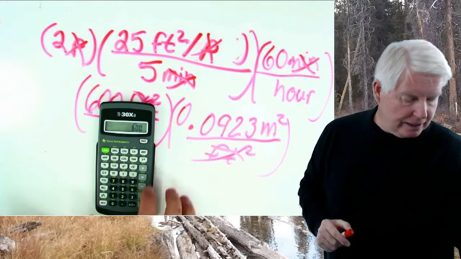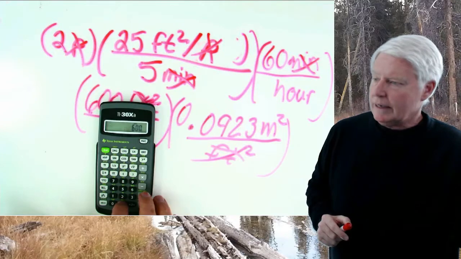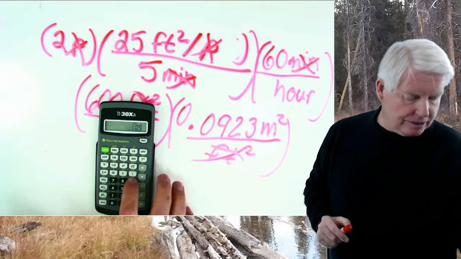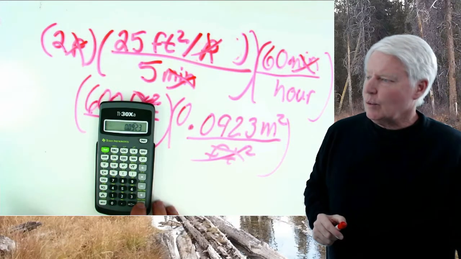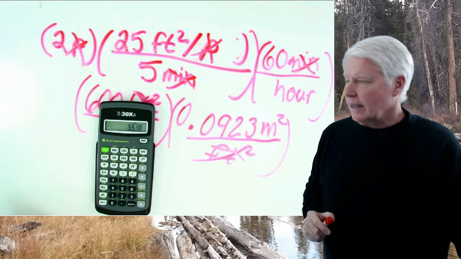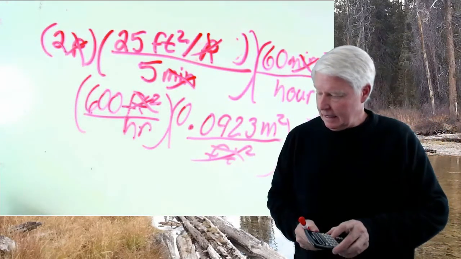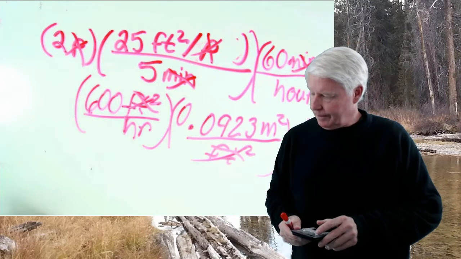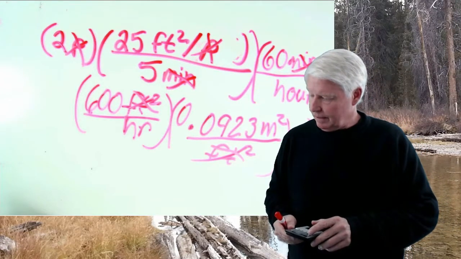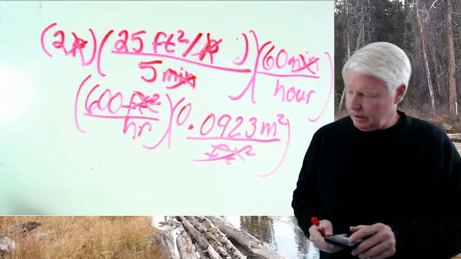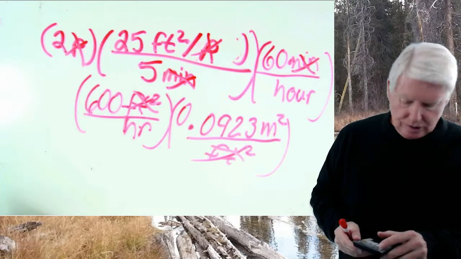It's going to be 600 times 0.0923 equals 55.38. I believe that's 0929. Yeah, that should be right.